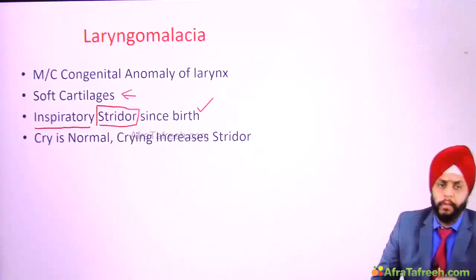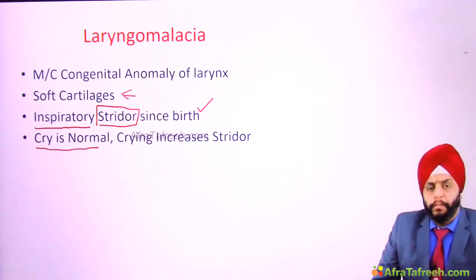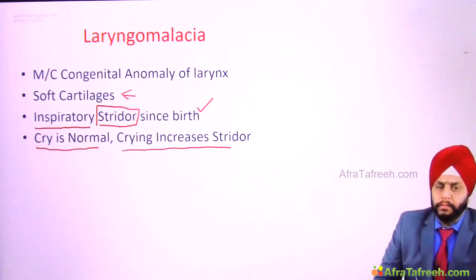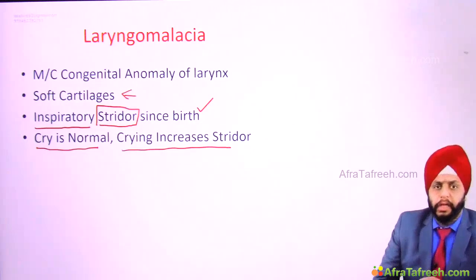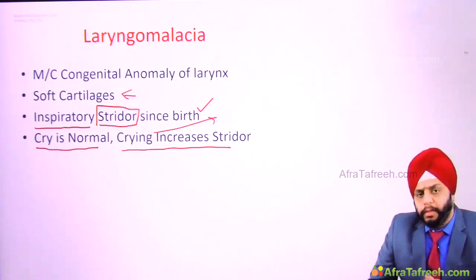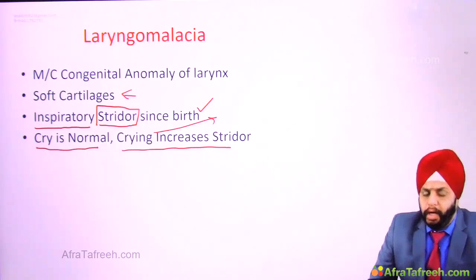So the sound of the cry is normal because expiration is normal, but after crying it increases stridor. This question is sometimes asked: the child cries and becomes blue. That means the crying is increasing stridor.